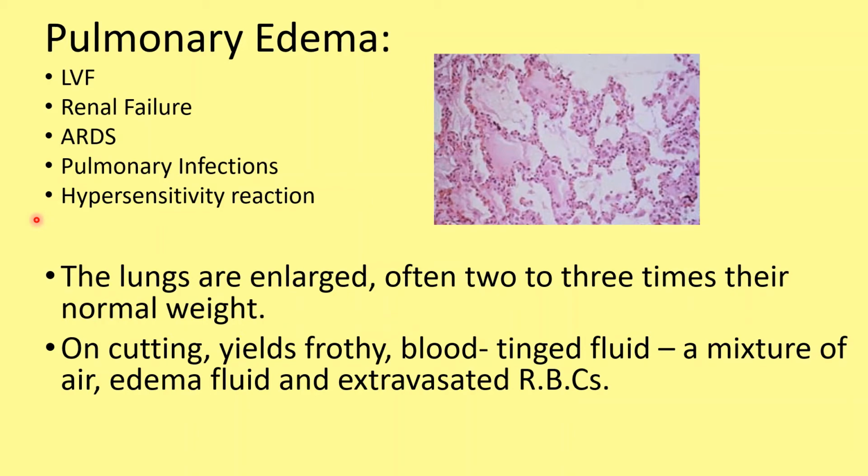In pulmonary edema, the lungs are enlarged, often 2 to 3 times their normal weight, and on cutting, the lung yields frothy blood-tinged fluid, which is a mixture of air, edema fluid, and extravasated RBCs. Pulmonary edema impedes gaseous exchange, leading to hypoxemia, and this also creates a favorable environment for bacterial infections.